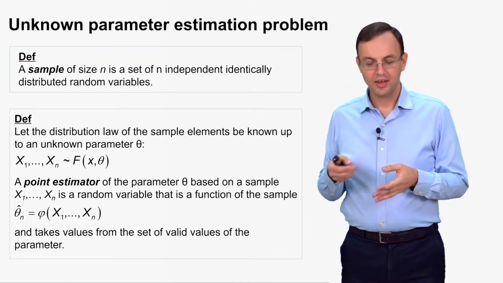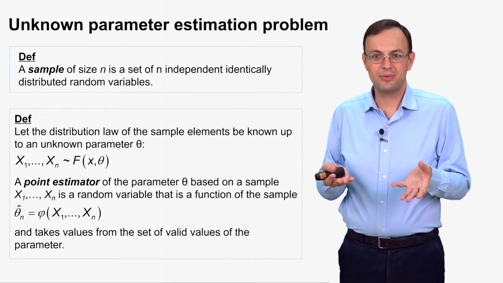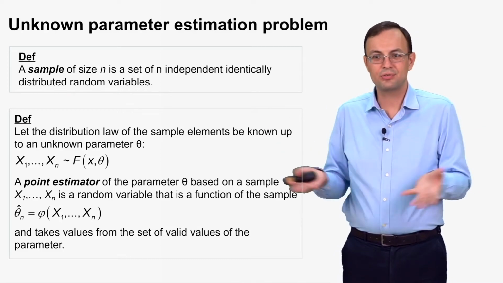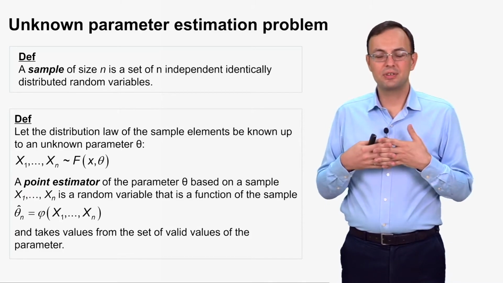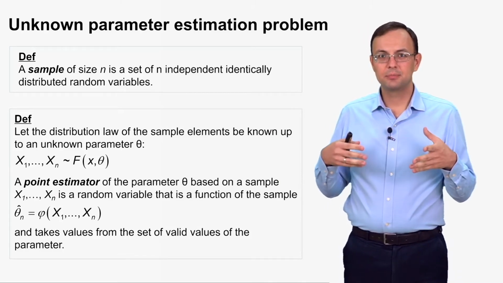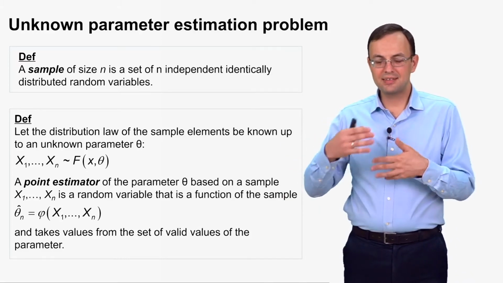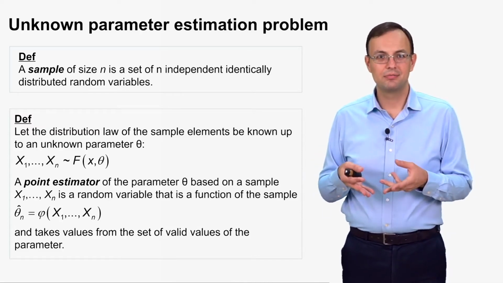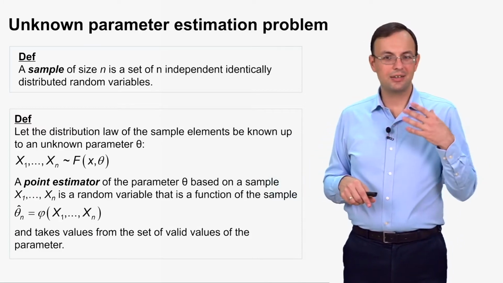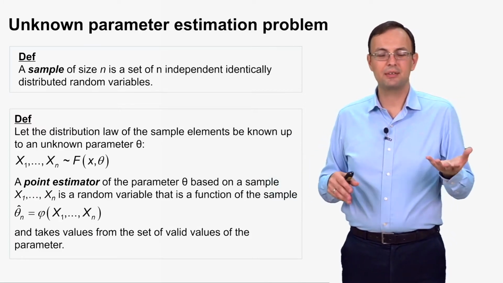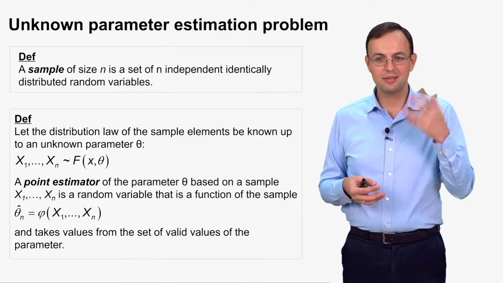So you understand that this definition is not very clever. This definition doesn't help us to separate estimators that can be applied for estimation of something from estimators that are just stupid, like the example I have just given.